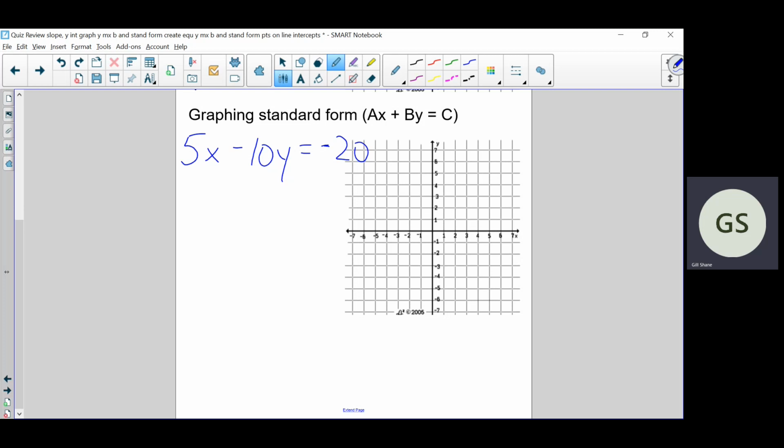So let me plug in 0 for x. What if x was 0? I'm going to solve and figure out what y would have to be. This just goes to 0, so I don't need that anymore. Remember, a negative sign is glued to the number that follows it, so I need to bring that down with the 10.